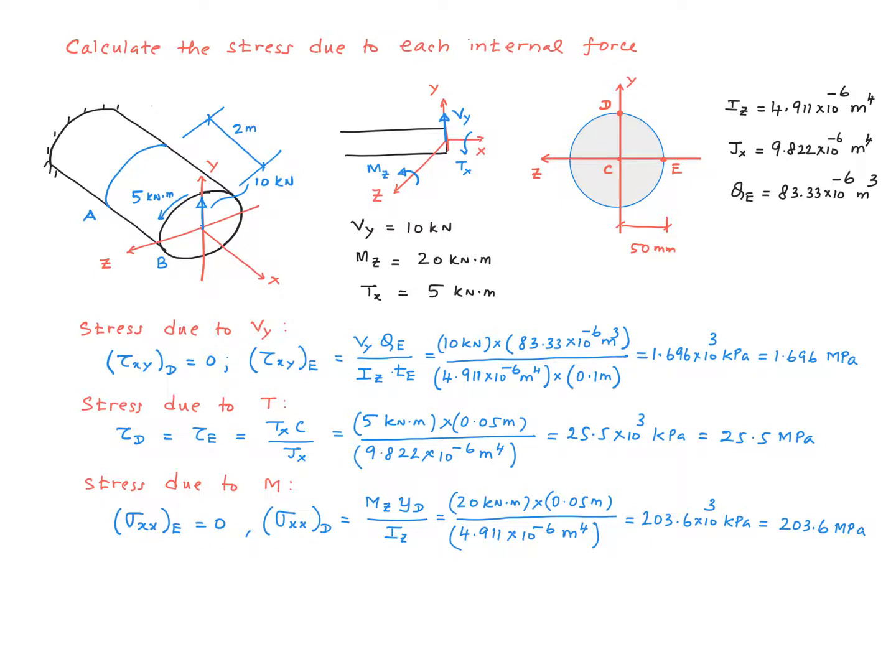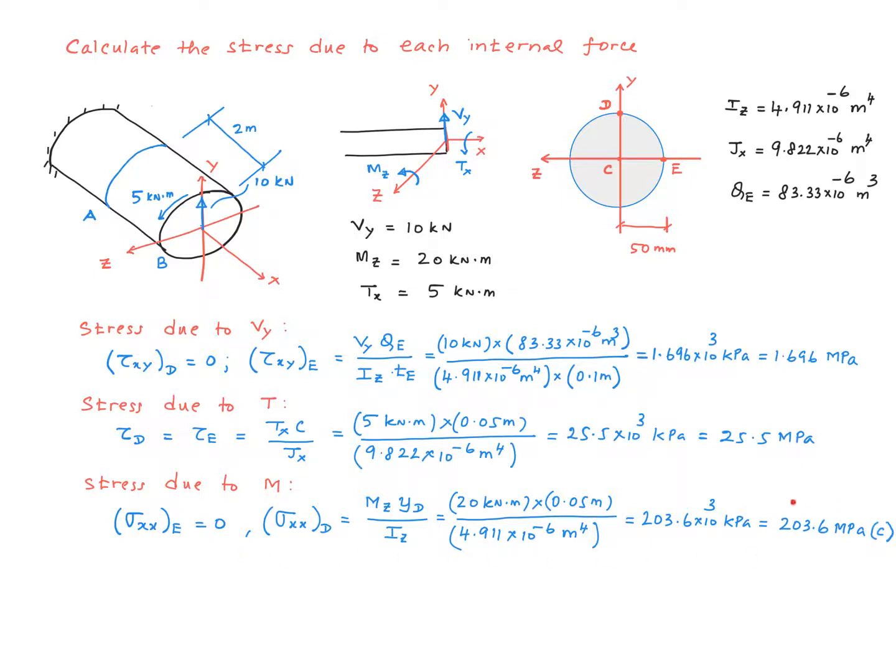The bending stress is a normal stress in the x direction. In other words, it's a stress on the x-plane in the x direction. So I'm calling that sigma xx. The magnitude is 0 at point E because this is the neutral axis. The magnitude at point D is calculated using this equation, My over I. M is this, y for point D is the radius of the circle, which is 0.05 meters, and I is calculated over here, so 4.911 times 10 to the minus 6 meter to the power of 4.